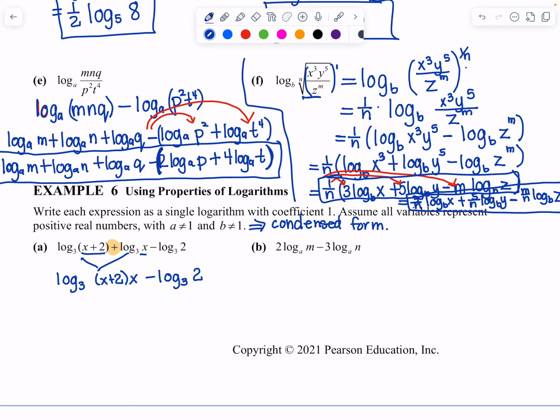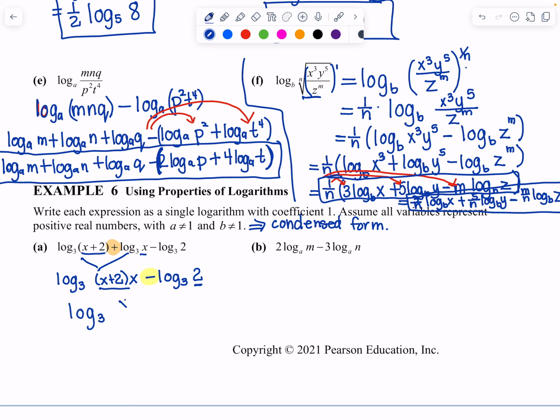Now, the next thing you all should see now is subtraction. And what rule is subtraction? Quotient rule. So that means we got to write these as division, okay? Because that's what it means. So I got to take this and write it expressing division. Whatever's first, that's the top. Whatever's the last, that's the bottom. So let's do it. Log base 3.